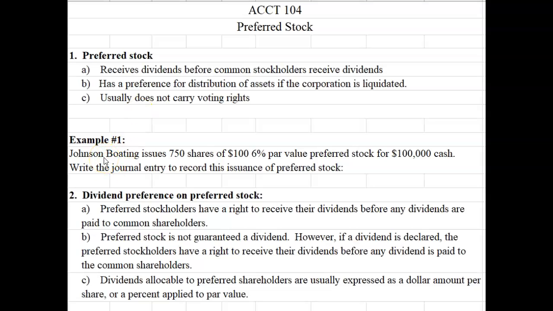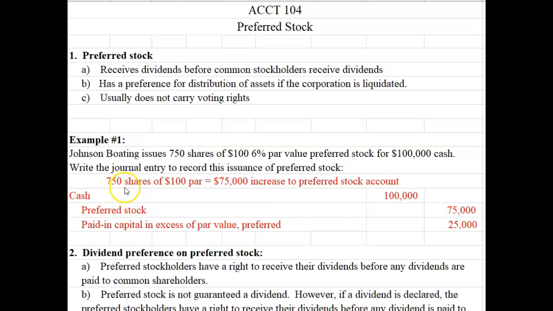Let's look at an example. Johnson Boating issues 750 shares of $100 par value 6% preferred stock for $100,000 cash. Write the journal entry to record this issuance of preferred stock. 750 shares of $100 par value preferred stock were issued. 750 times $100 each equals a $75,000 increase to the preferred stock account.